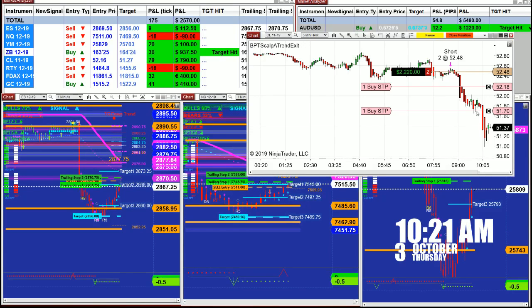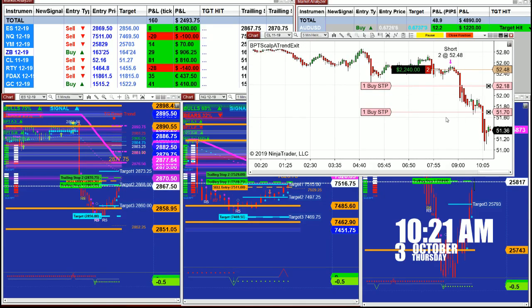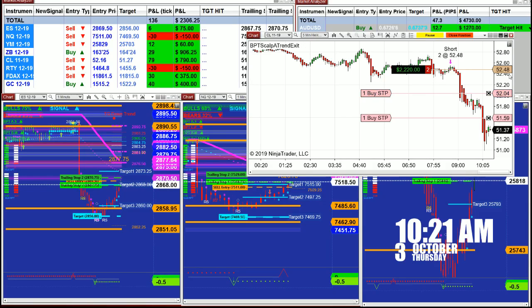Or if you are trying to secure a profit on your auto trade and you don't know if it's going to go farther or not, you can secure your profit by putting in your zone level or whatever you like.